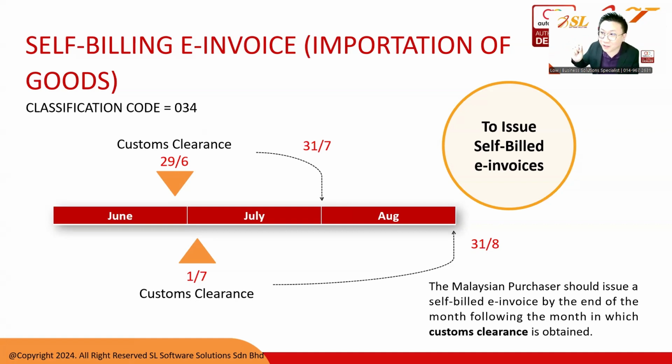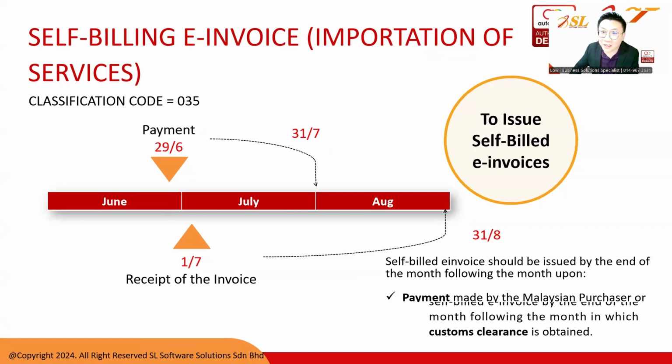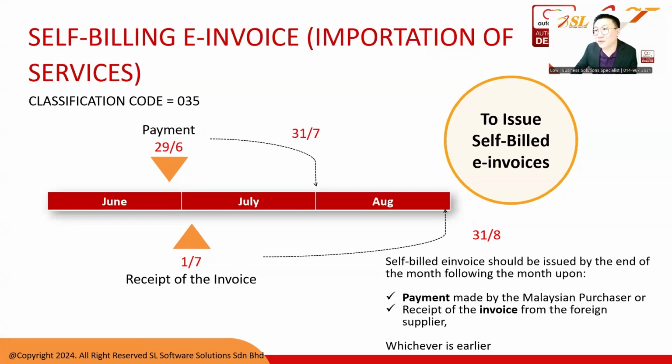As long as you receive the clearance form, by the end of next month make sure you declare the self-billing. So for example, if on 1st July you get the clearance form, then by the end of August you need to submit to the invoice portal the self-billing invoice.